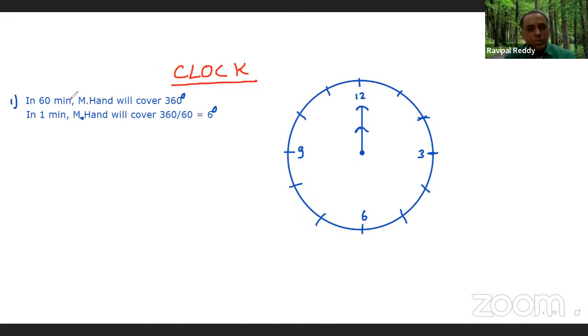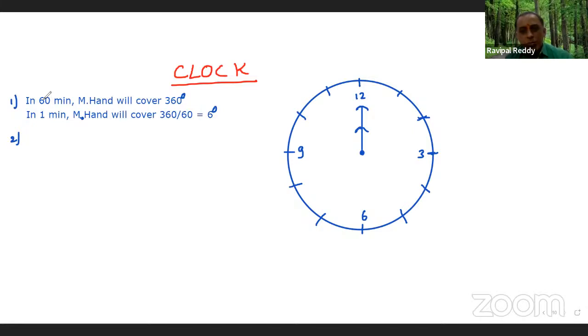Now, next question. Let the present time be 12 o'clock. At 12 o'clock, the minutes hand and hours hand coincide at 12. Now tell me, in how many hours will the hours hand rotate one circle?